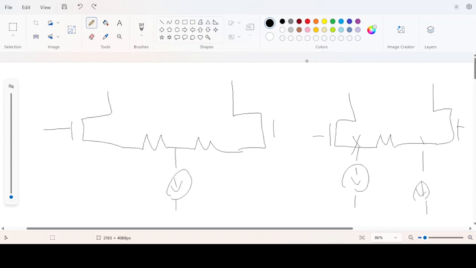And in differential mode, I think I mentioned differential mode, this part goes out and this part goes down, and you have a current from here, and the rest of the story.